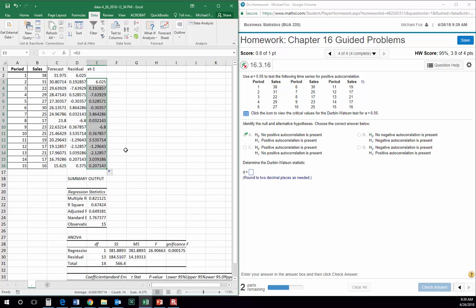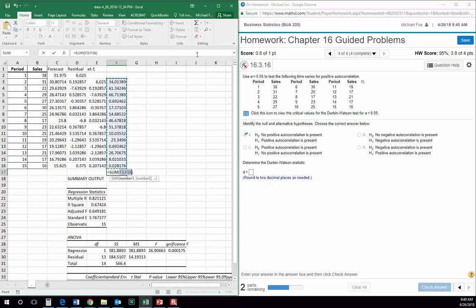So again, the numerator of our Durbin-Watson statistic is that we need the sum of our residual minus our residual from the previous period squared. If we take all those and take the sum of them, that gives us the numerator for the Durbin-Watson statistic. And then we also need the E squared.